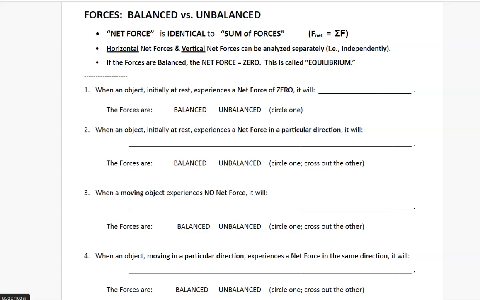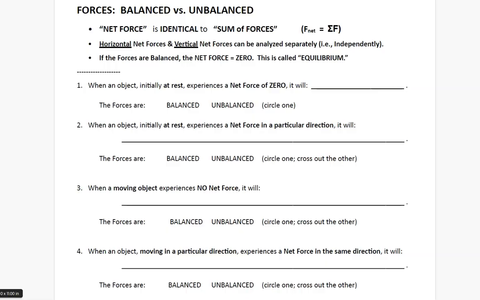We look at all the horizontal forces or components of forces in the horizontal direction. We analyze those. Then we look at all the vertical forces, the up and down forces, and analyze those separately. And if the forces are completely balanced in either direction, we say the net force in that direction is zero, and that's referred to as equilibrium.